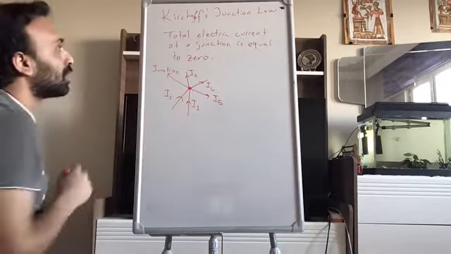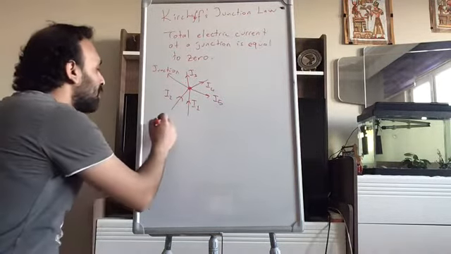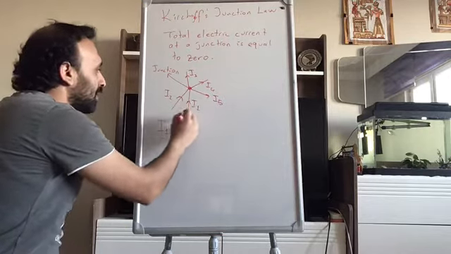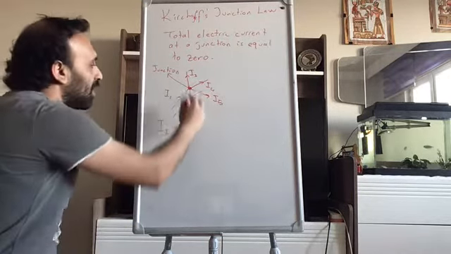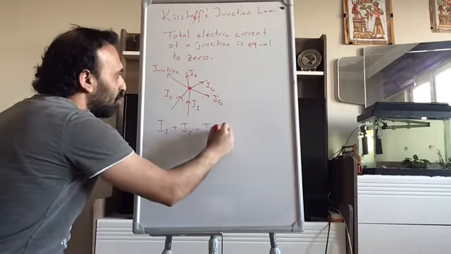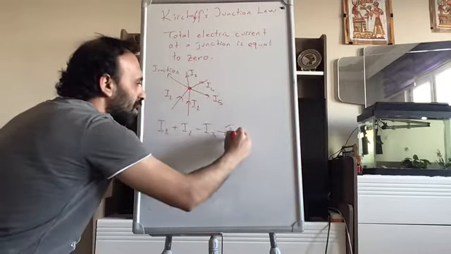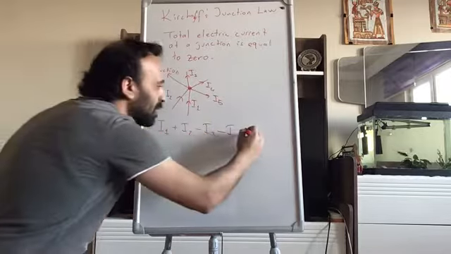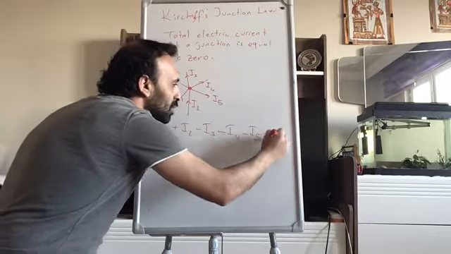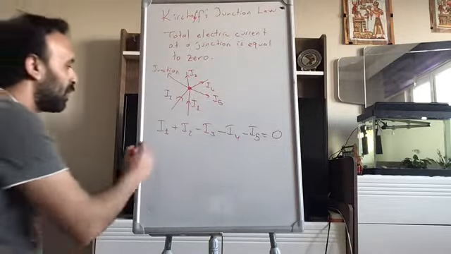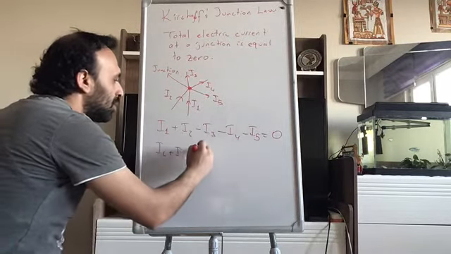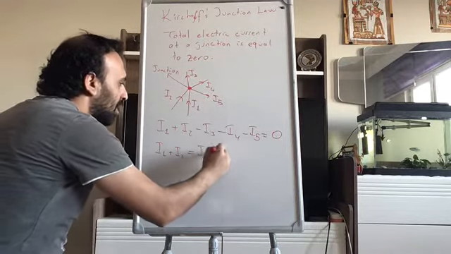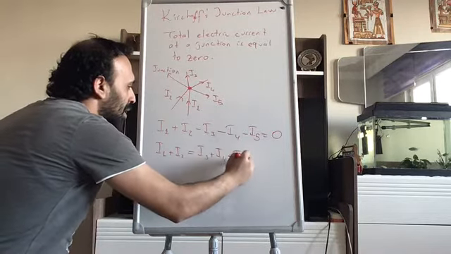So according to the junction law, we can write I1 is coming plus I2 is coming to the junction, but I3 is going away, minus I3, I4 is going away, minus I4, and I5 is going away, so minus I5 should be equal to 0. Or we can write I1 plus I2 should be equal to I3 plus I4 plus I5.